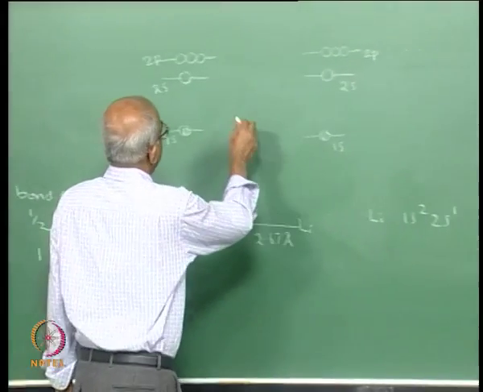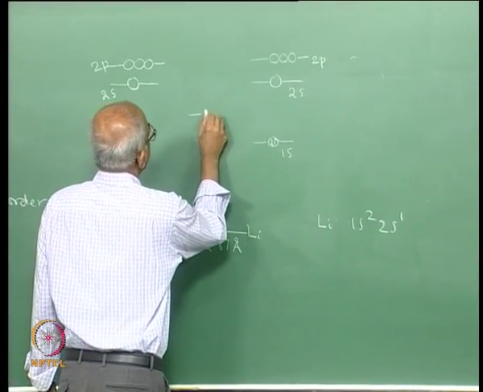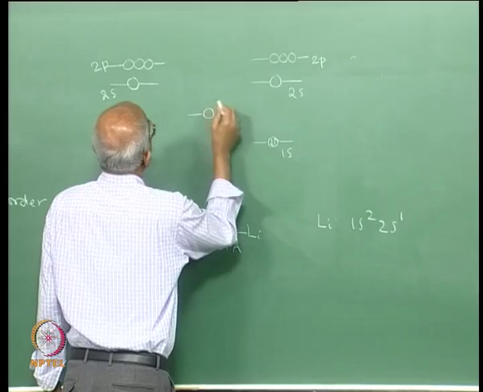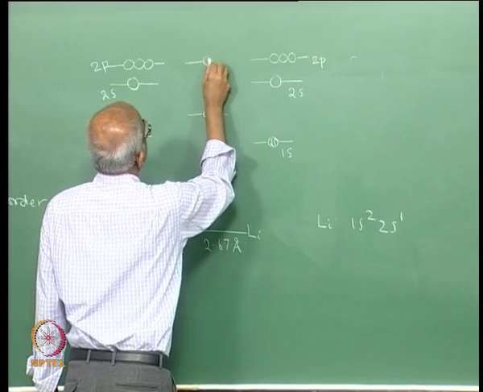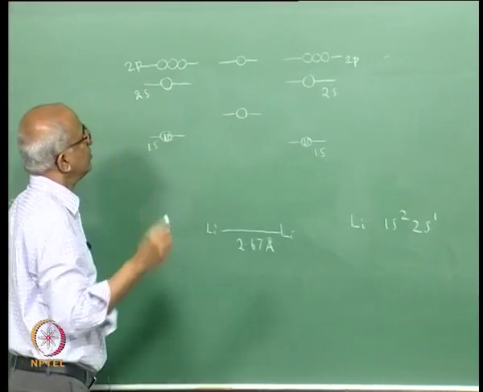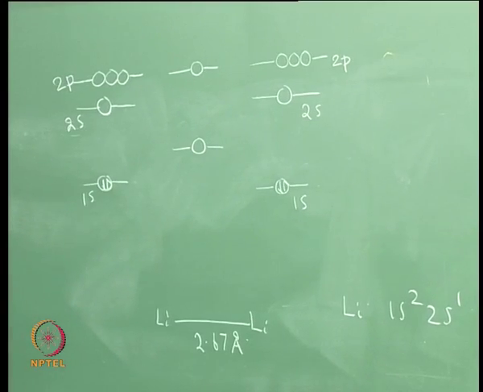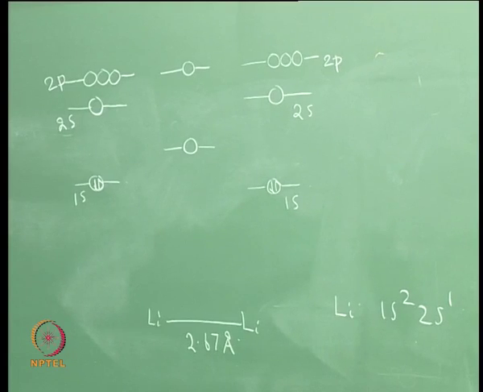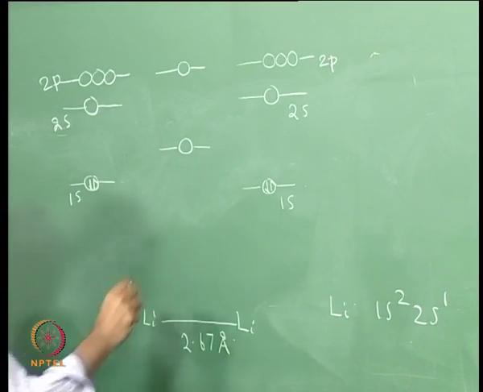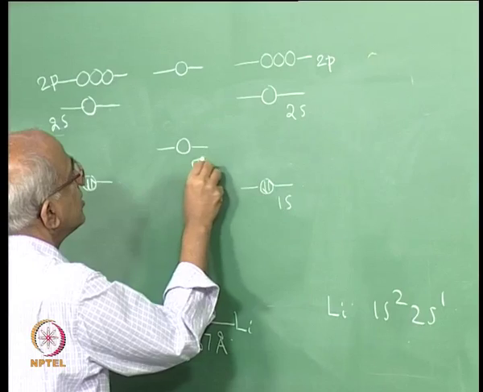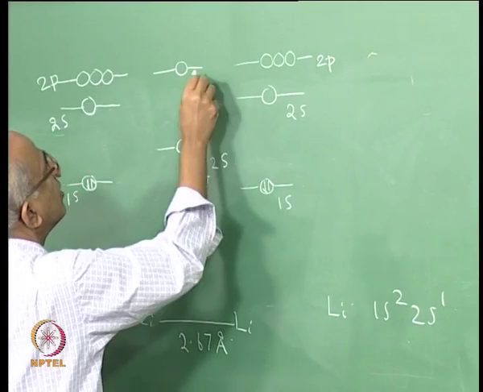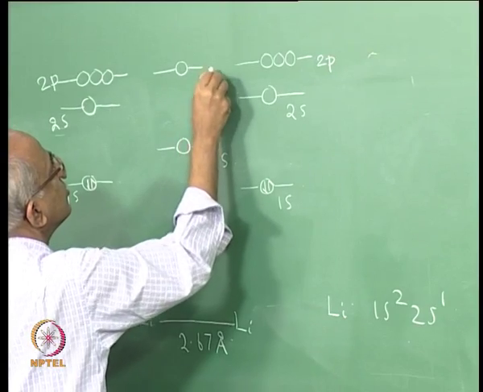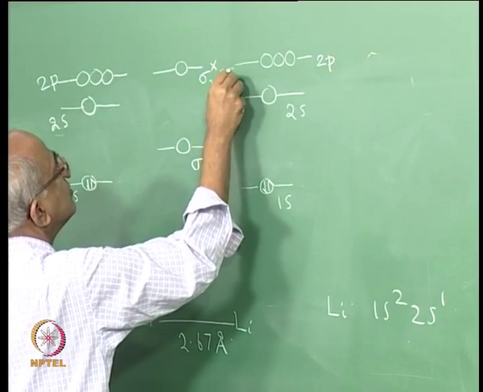They will combine to give you a bonding orbital, and they will also give you an antibonding orbital. Let me call this sigma g 2s, and let me call this sigma u star 2s.